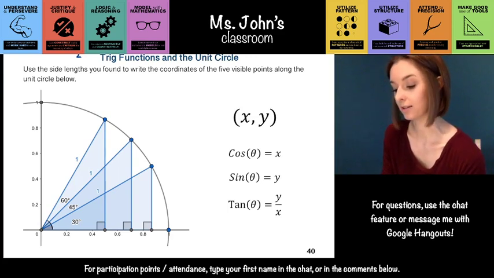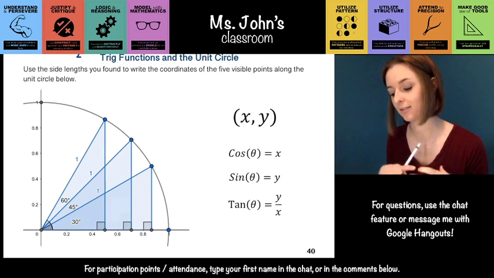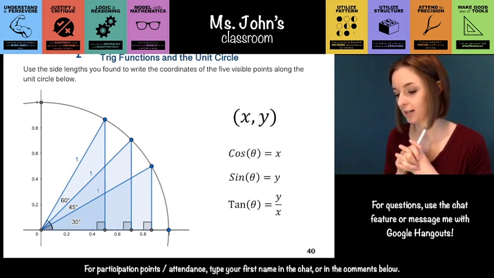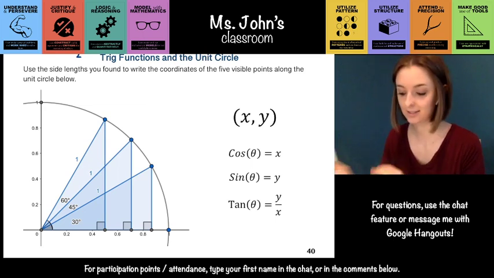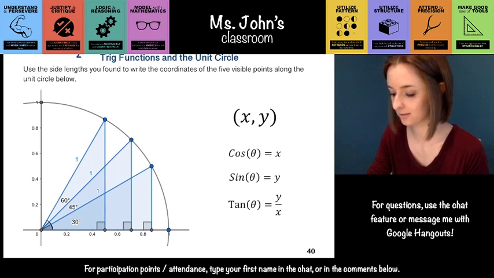Okay, what was I saying? Oh yeah, so we put those three triangles inside of our unit circle. And what we're going to do is figure out the coordinates of these points right here.